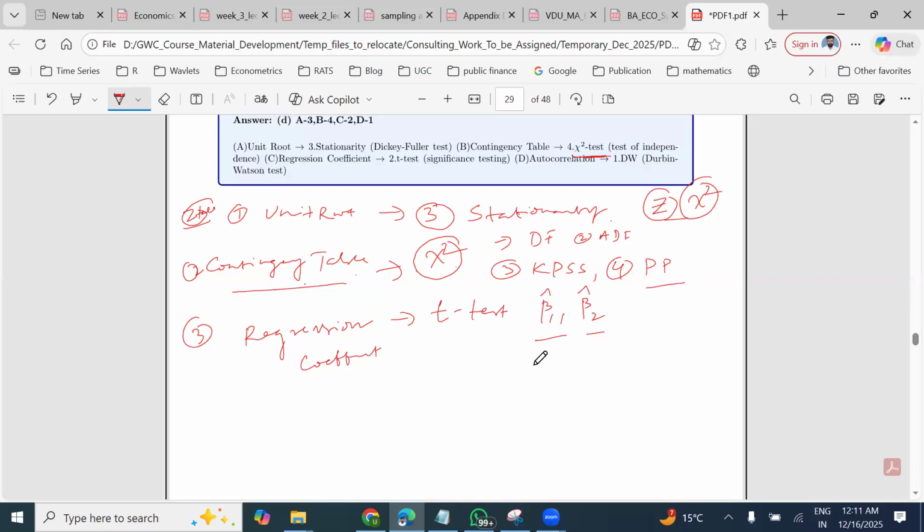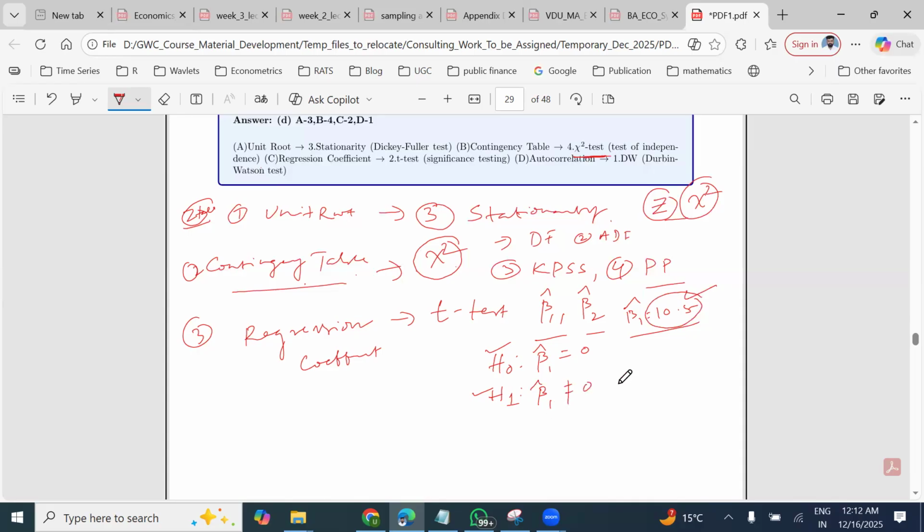What do you mean by statistical significance? Sangeeta? Sir, first of all, this is the null hypothesis, this is the alternate hypothesis. Let's say you have estimated beta 1 hat as 10.5. Now the null is beta 1 equal to 0, because whatever value you got, you are trying to defend it.